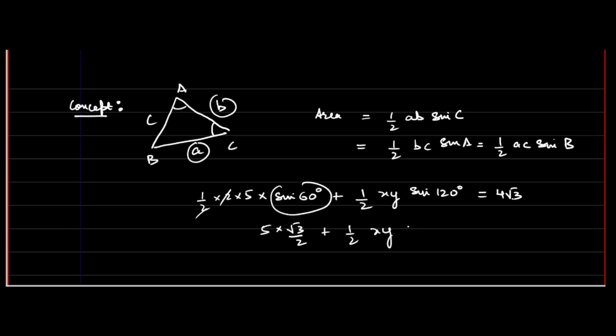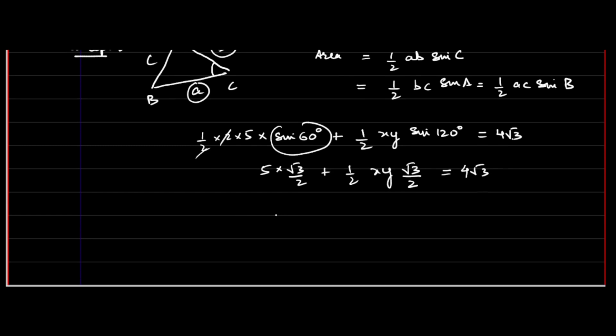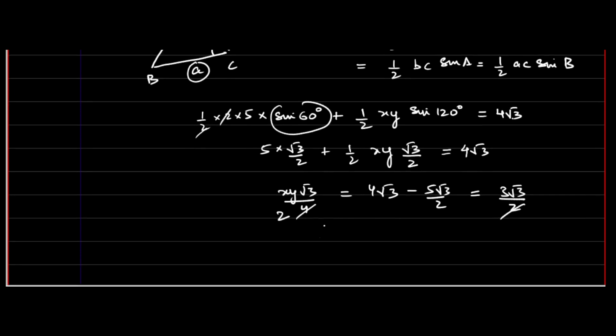Sin 120 is again sin 60, since sin of 180 minus 60 is sin 60, that is root 3 by 2, equal to 4 root 3. So xy root 3 by 4 is equal to 4 root 3 minus 5 root 3 by 2, equals 8 root 3 minus 5 root 3, that is 3 root 3 by 2. This 2 gets cancelled out with this 4, and root 3 cancels, so xy is equal to 6. This is condition number 2.